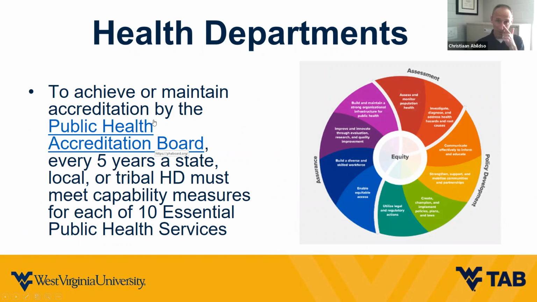Now, local health departments may have a lot lower budget, working in public health myself, but essentially public health departments, local health departments, state health departments, or tribal health departments, if they are seeking accreditation by the Public Health Accreditation Board, have to work on these 10 essential public health services that are pretty commonly known in the public health world.